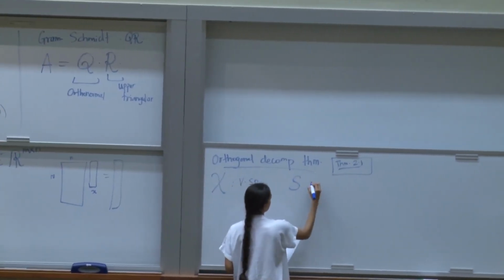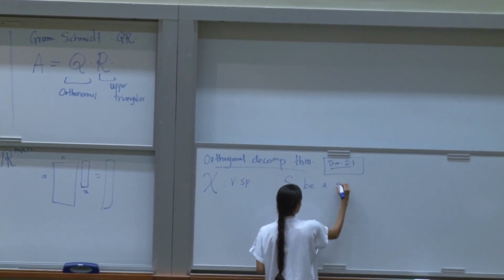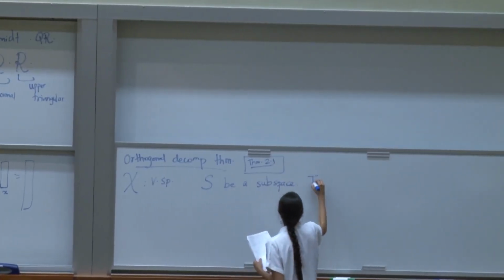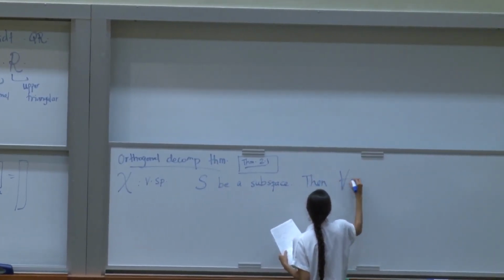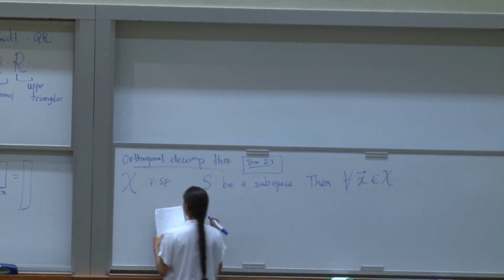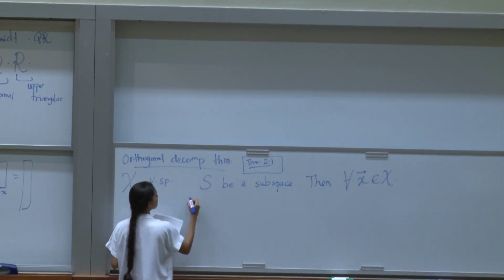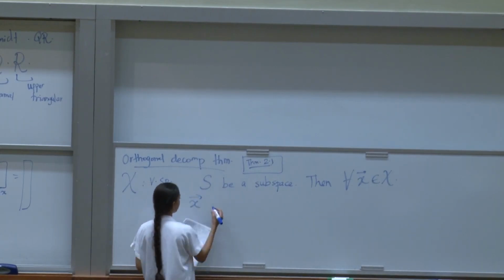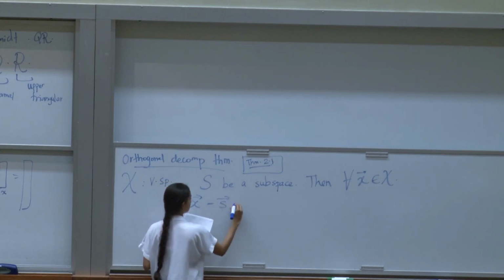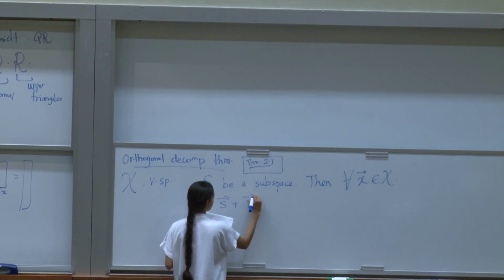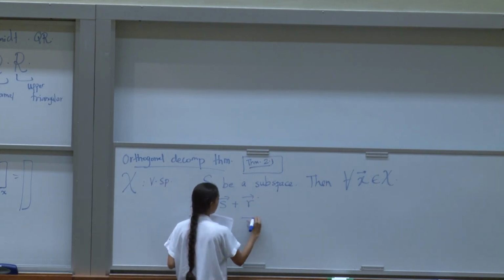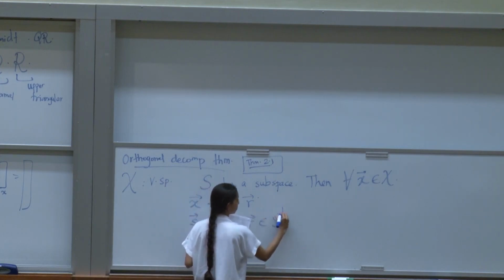and let S be a subspace. Then, for every vector x belonging to X, I can write x as the sum of some s belonging to S plus some r, where s belongs to S and r belongs to S perp.